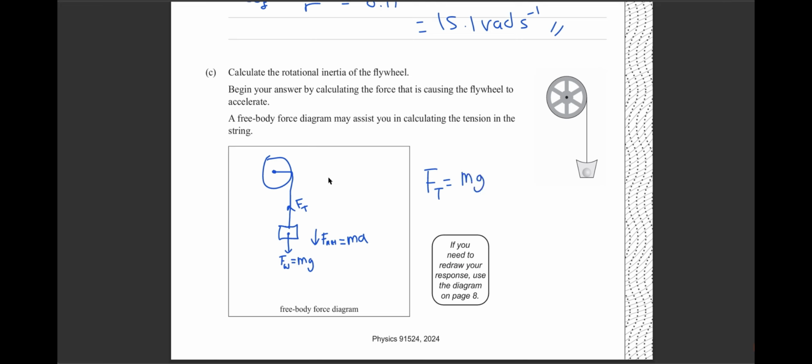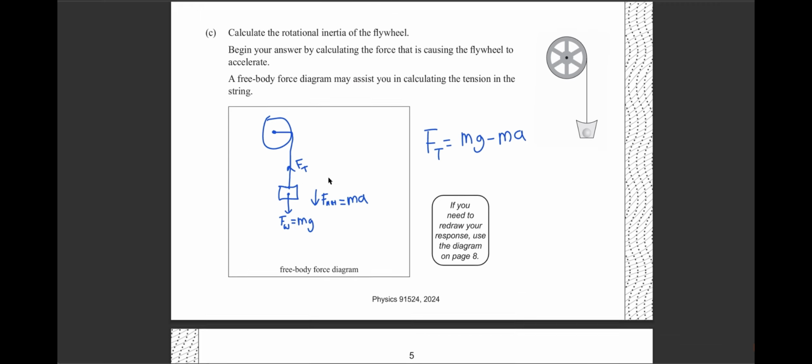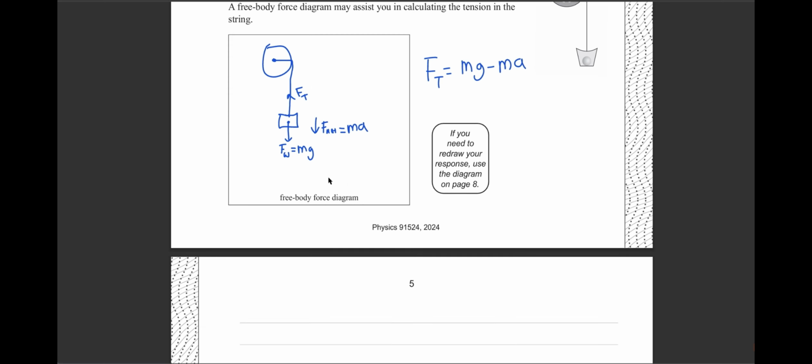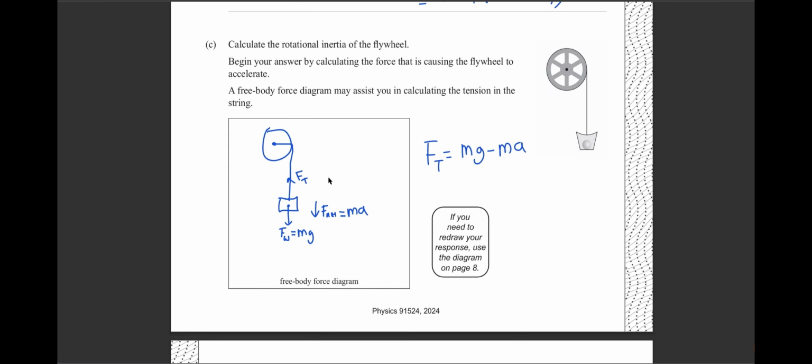So mg minus ma, and that's going to be the tension force that's acting upwards in the string. Okay, so now we've calculated the tension in the string. Okay, cool. Now, what could we do next?